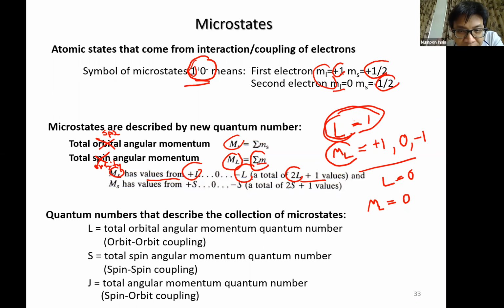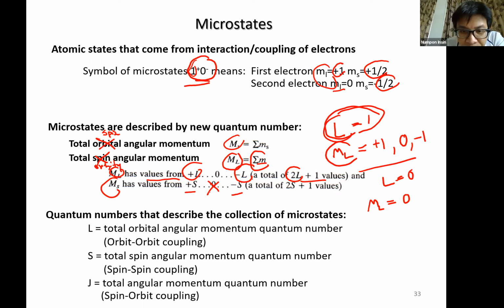We can do it an easier way. MS has quite a similar definition. MS has values from plus S to minus S. It doesn't have to pass through zero, because S can be a non-integer.